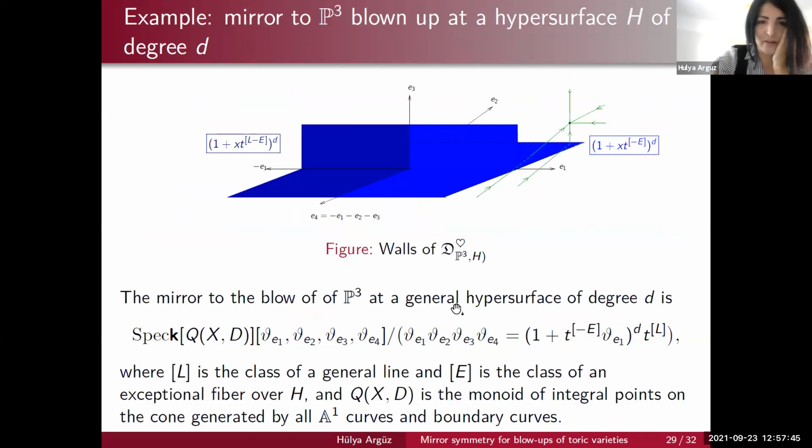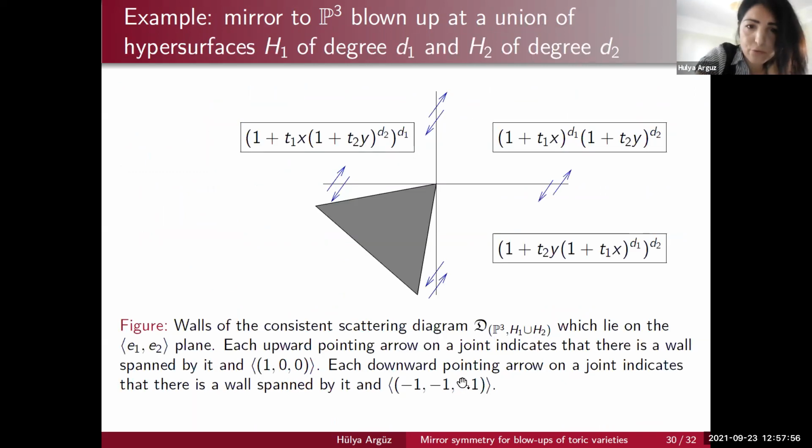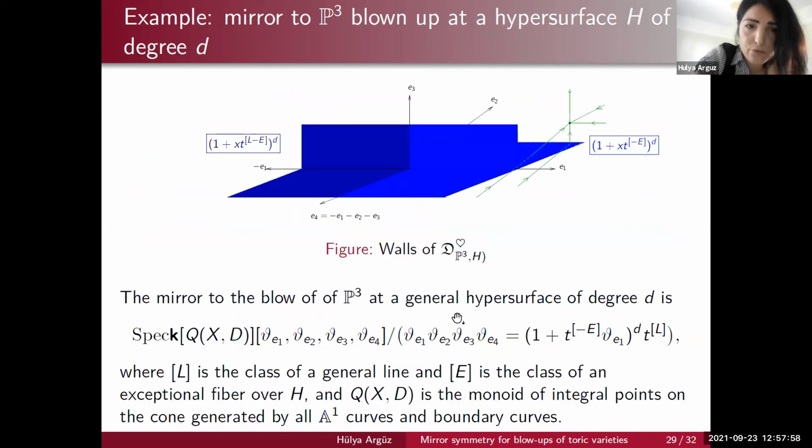Sorry. I feel like I told a lot of things, but I'd like to go through these 2 examples I wrote slightly bit slower. So what happens if you want to write a mirror of P3?